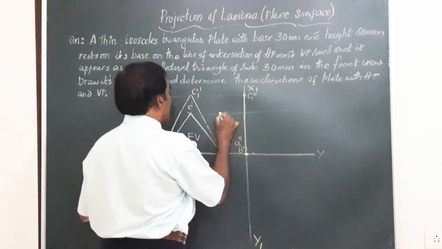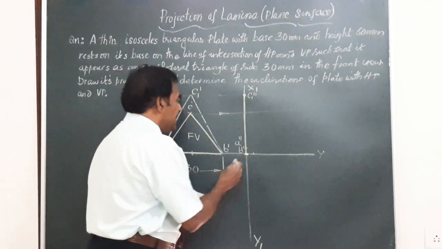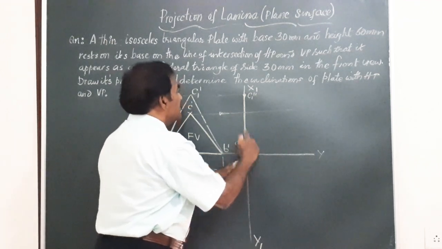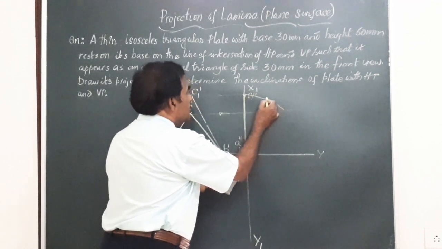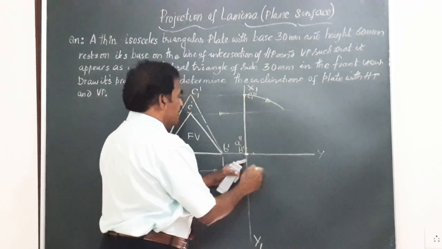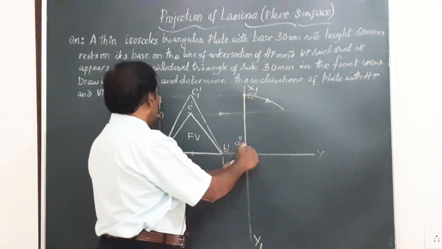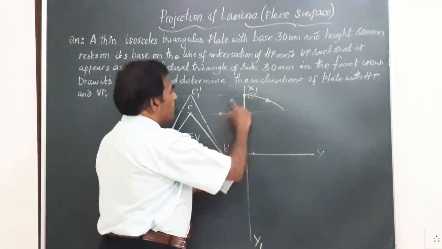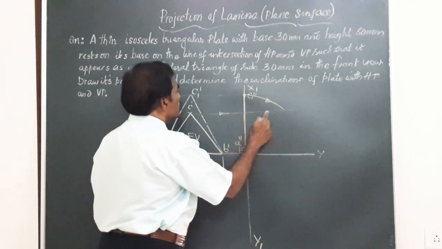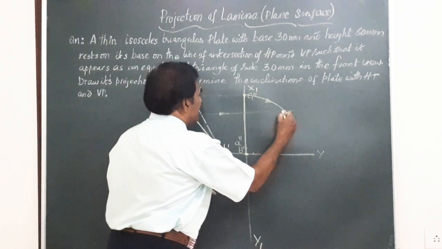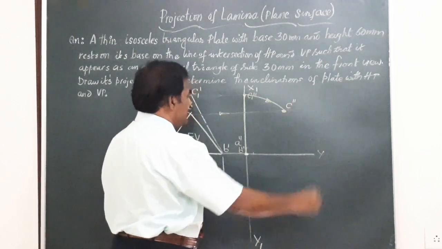Here, taking A dash, B dash as center and radius equal to this height, vertical height, that is 60 mm, I am drawing an arc so as to intersect the horizontal line drawn through C at this point. Friends, this is going to be the point C double dash.